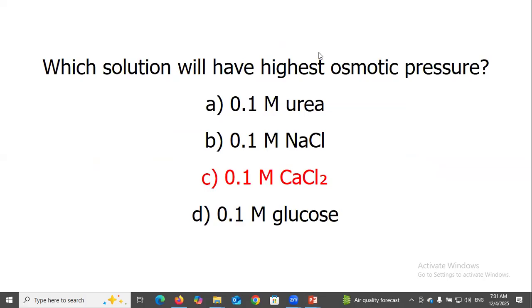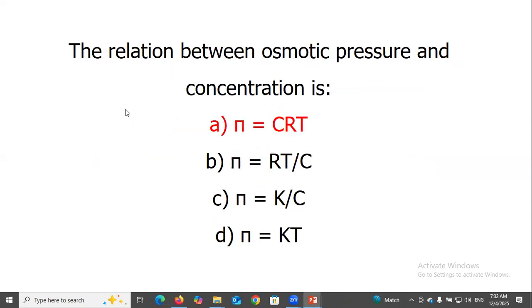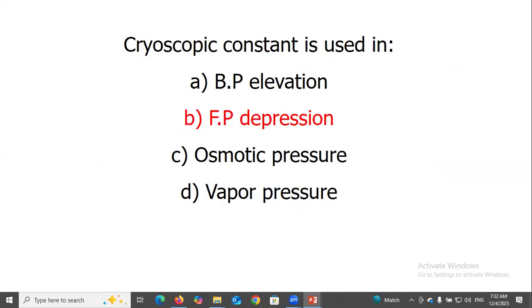Which solution will have the highest osmotic pressure? 0.1 molar calcium chloride. The relation between osmotic pressure and concentration: pi equal to CRT. The cryoscopic constant is used in freezing point depression.